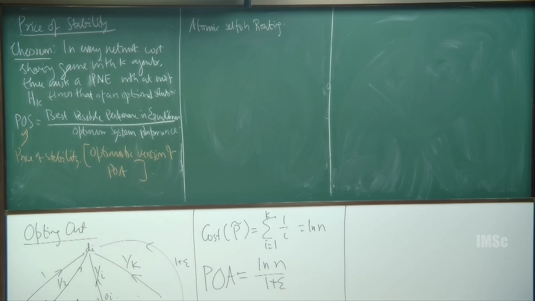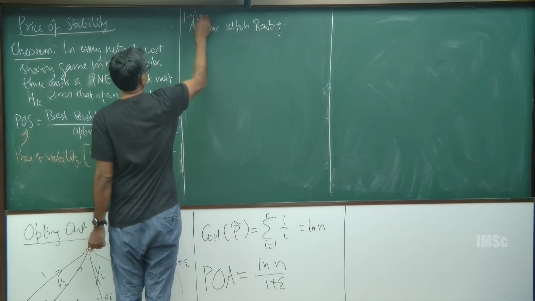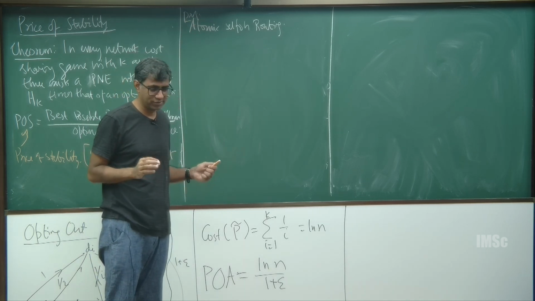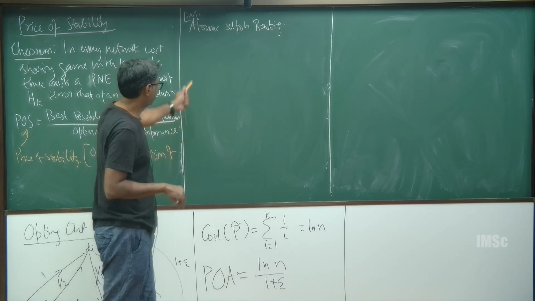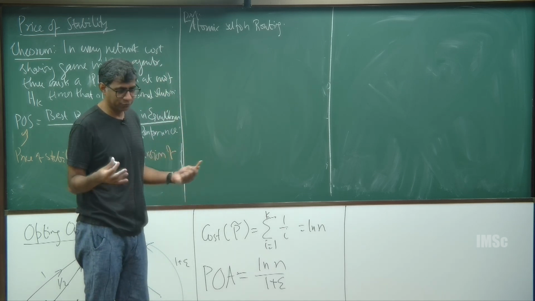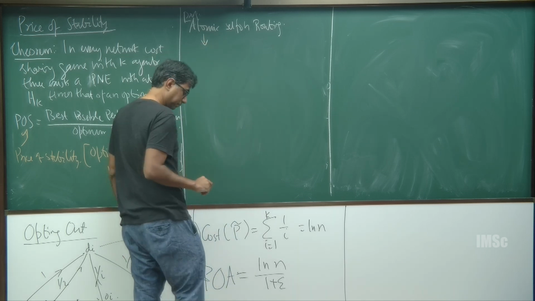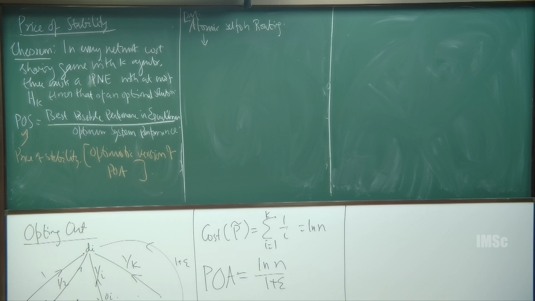The proof strategy is going to be very similar to what you have seen for atomic selfish routing. Even if you do not remember, it is fine. Basically, they are going to define some measure, or what they call a potential.